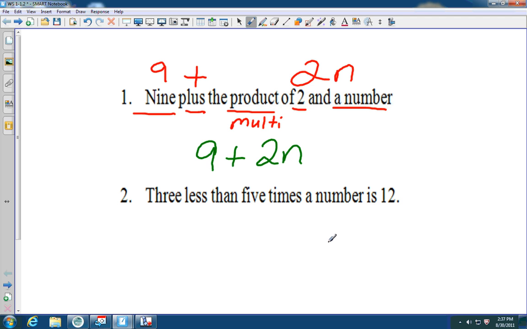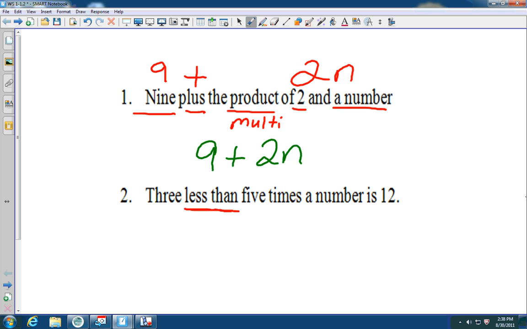Try the next one. You can pause the video and come back and see how you did. On this next one, I have 3 less than 5 times a number is 12. Less than is one of those tricky ones that they're going to try and catch you on. Whenever you have less than, that means this number is going to have to go towards the end.